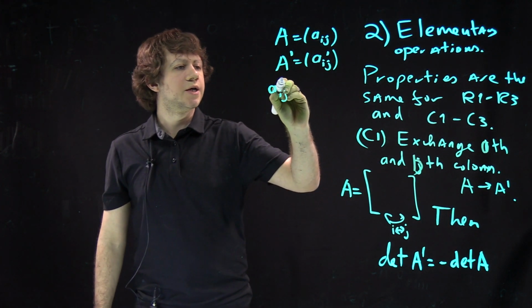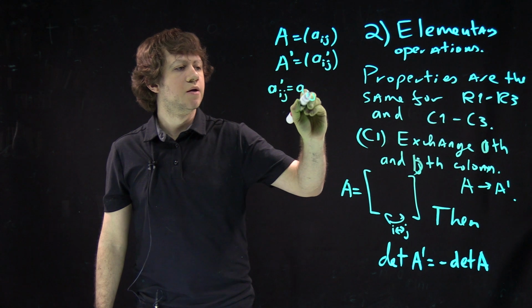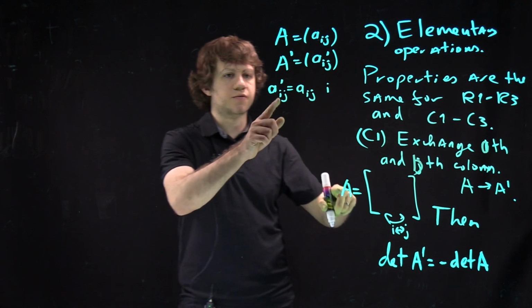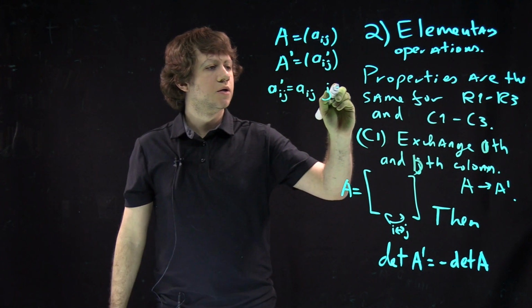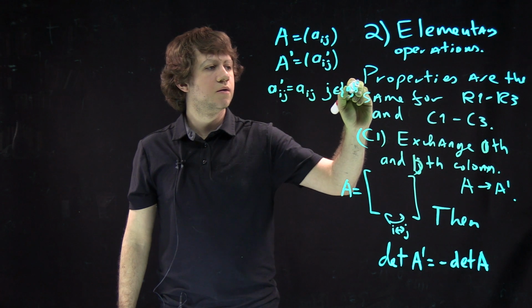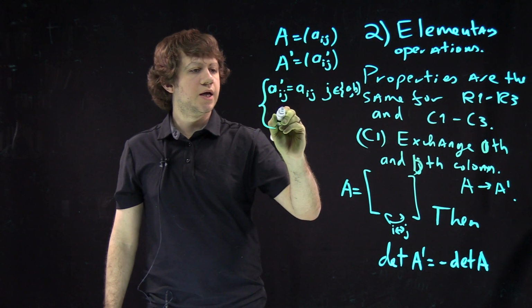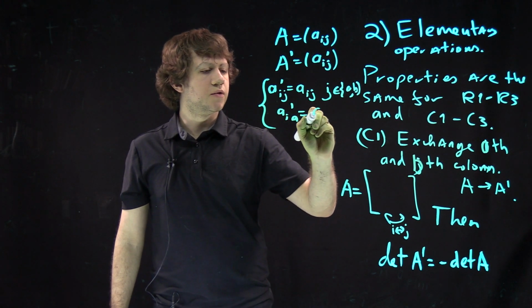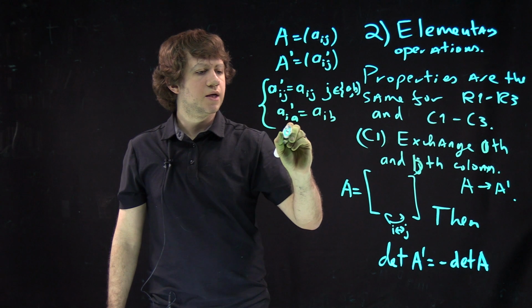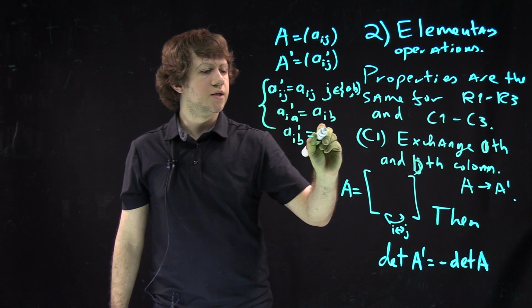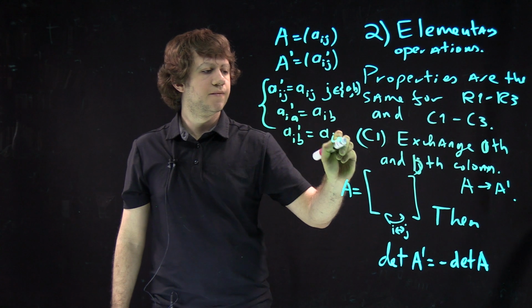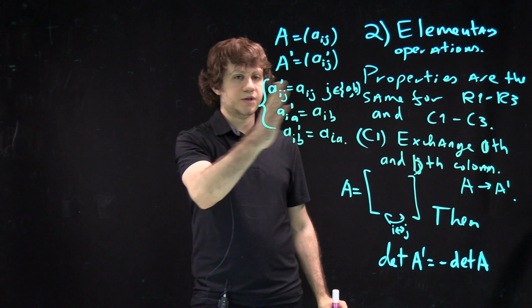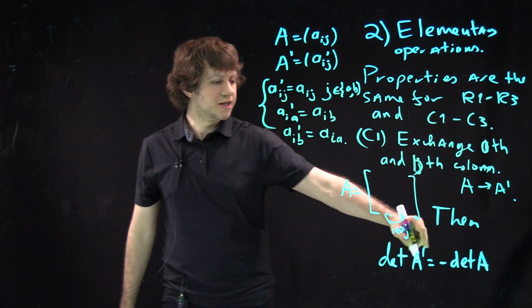Then we know that Aij prime equals Aij when j is not inside the set {a, b}. And then Aia prime is equal to Aib, and Aib prime is equal to Aia. So the 2 columns are exchanged, and everything else is fixed. So let's prove the statement.